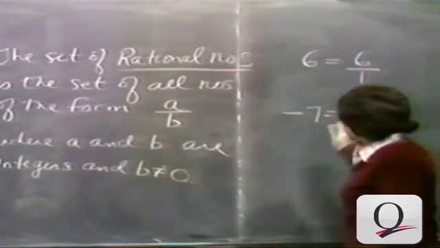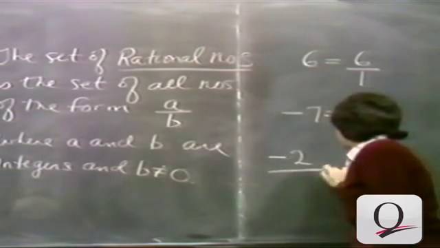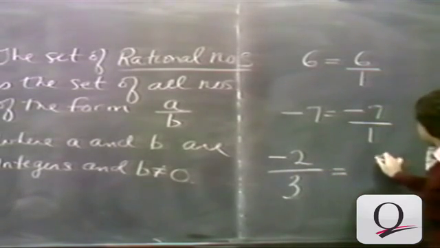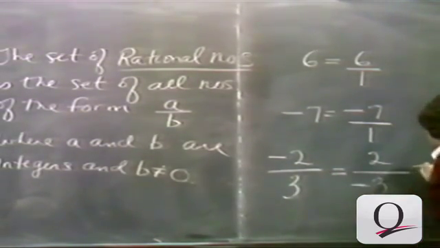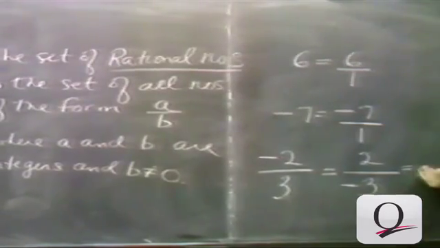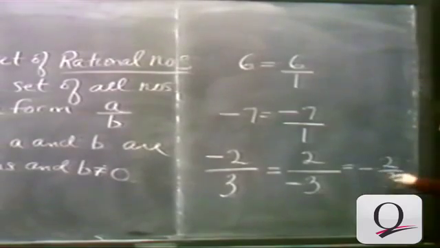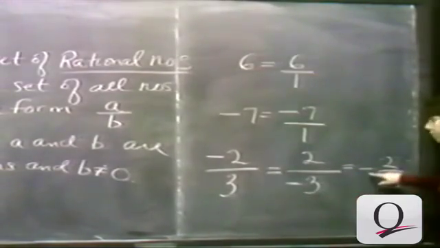If you were to take a negative integer, for example, -2, and divide it by +3, or if you were to take +2 and divide it by -3, in either case, your answer would be -2/3. Negative the fraction 2/3 here. Now, you can put the negative sign in the numerator or the denominator or in front.